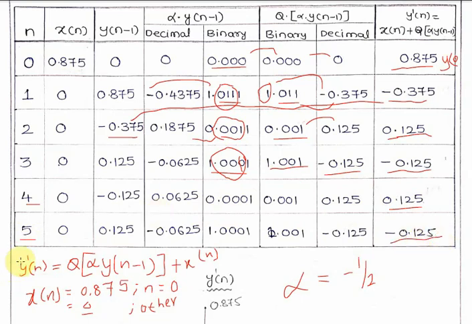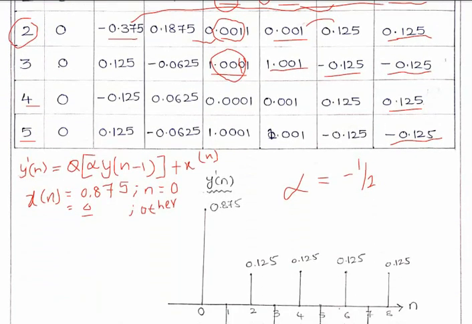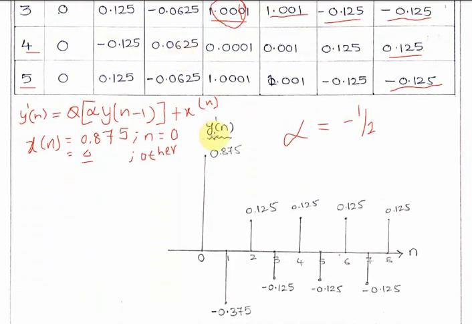When n is equal to 6, it is 0.125. When n is equal to 7, minus 0.125. These values, 0.125 and minus 0.125, keep repeating when n is greater than or equal to 2.